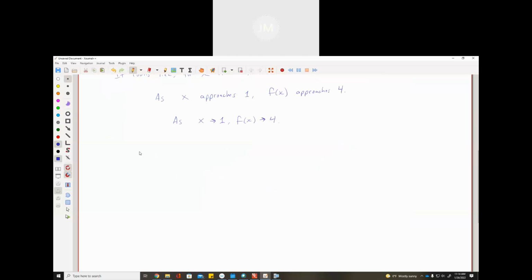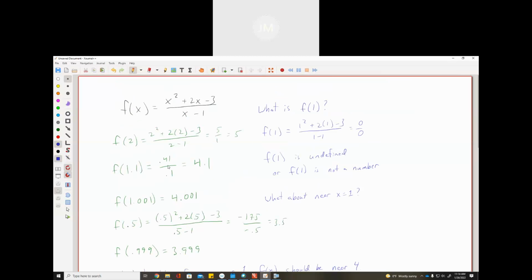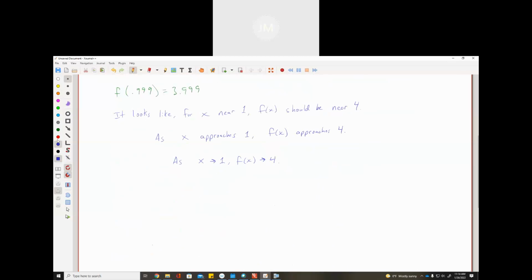So what's going on here is that if I were to look at this function and try to simplify it, right?